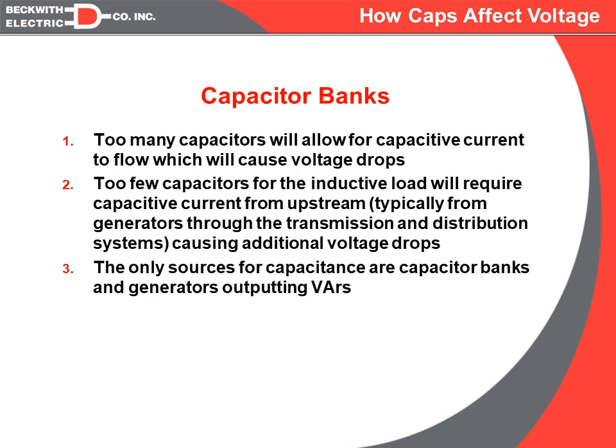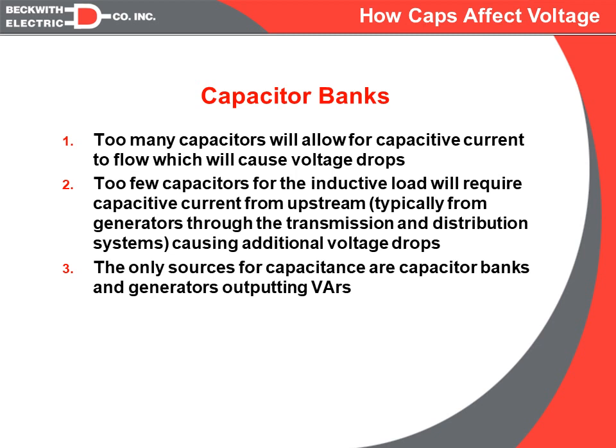So there are only two sources for capacitive current. We either run our generators such that they output a combination of real and reactive power, and again, that also reduces the amount of effective output of the generator. A generator is rated for a total MVA, and therefore for every VAR we are generating, it's 1 watt we cannot generate.